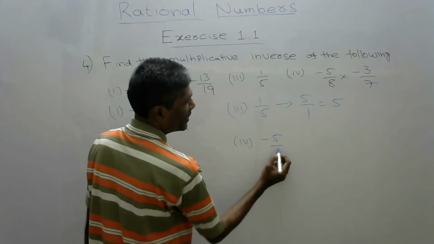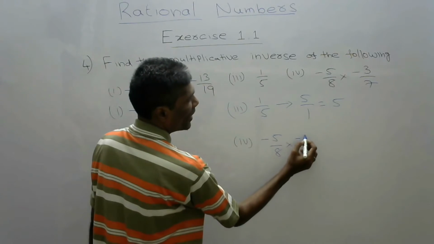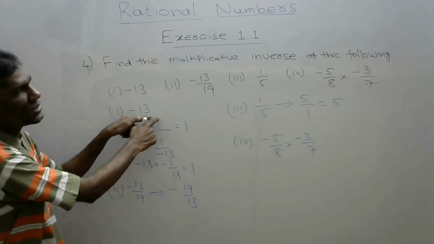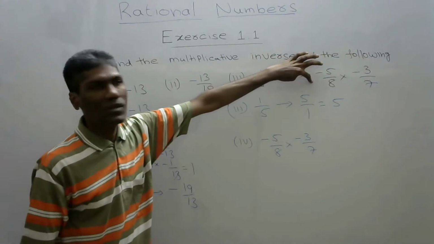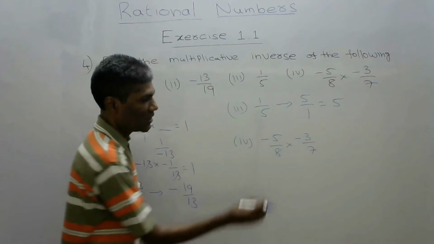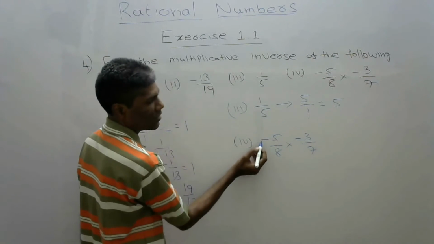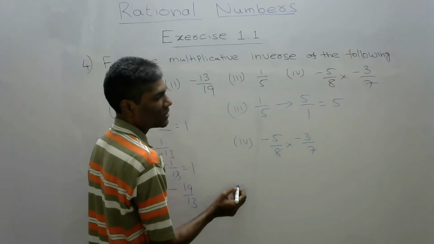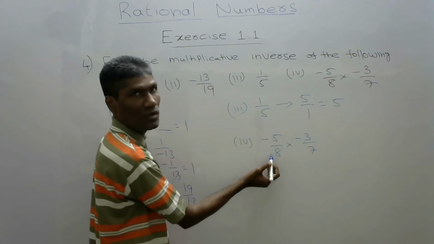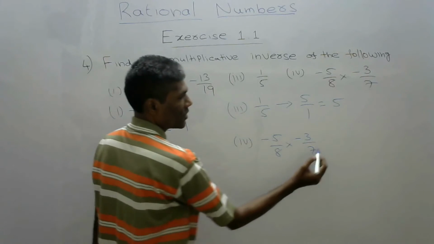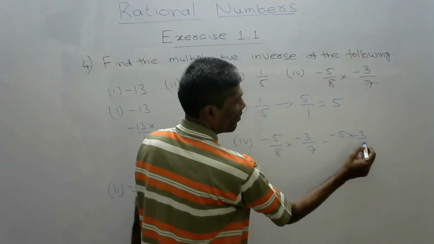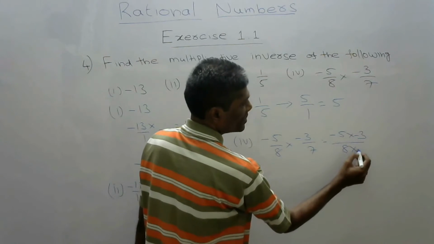Minus 5 by 8 into minus 3 by 7. These are direct questions, but here we have to do some calculation. First, let us simplify this. Let us multiply this. Minus into minus is plus. Any cancellations? 5, 7, no. 3, 8, no. So, this is equal to minus 5 into minus 3 by 8 into 7.